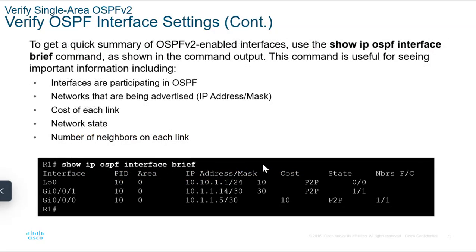We can still use show ip ospf interface brief, as you can see. So we have this one, the process ID 10, area backbone, the IP address and the mask are here. And then the cost, when you look at the cost, they are here.